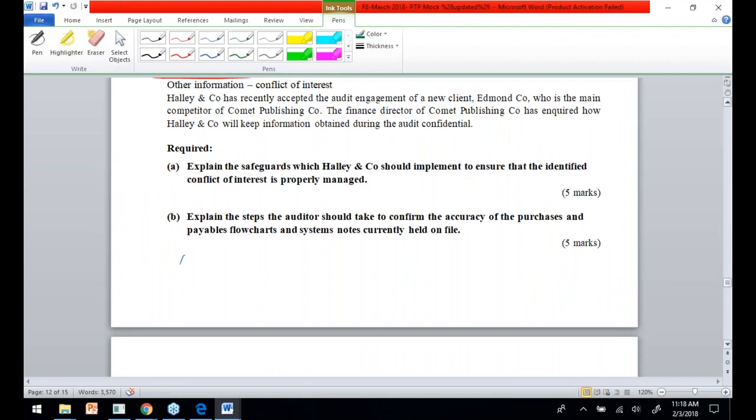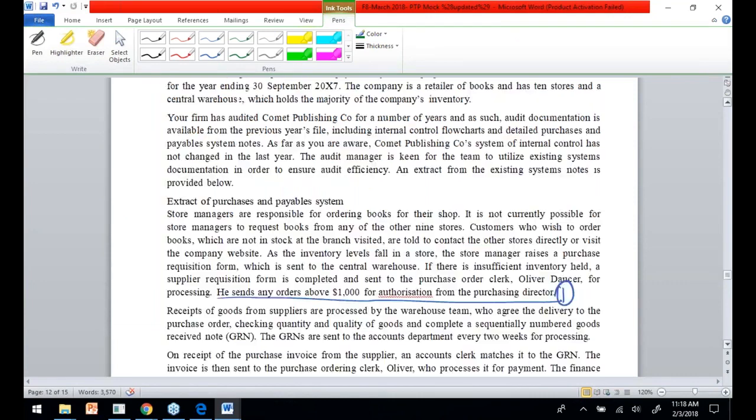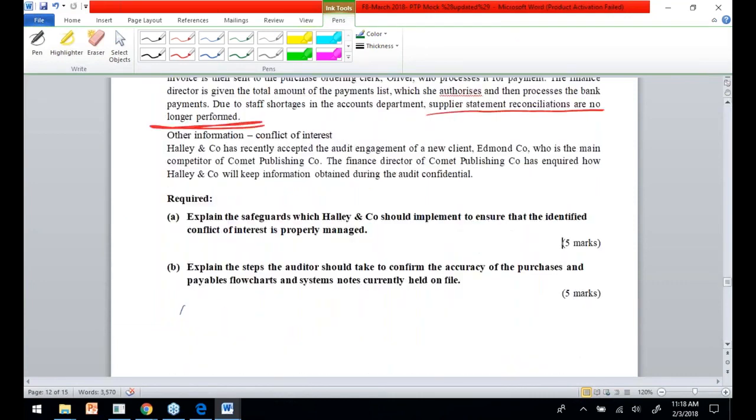For example, and you will be given the answers to this, explain the safeguards which Haley and company should implement to ensure that identified conflict of interest is properly managed. Now, this is something that you must have gone through during the sessions. Since there's a conflict of interest, the first safeguard that can be employed is a separate team.